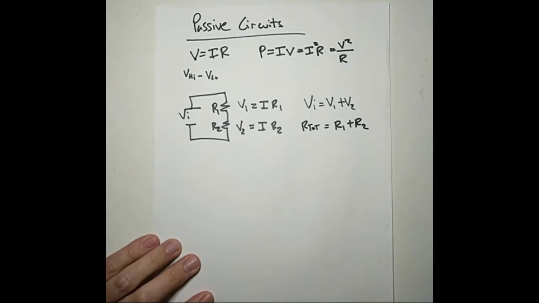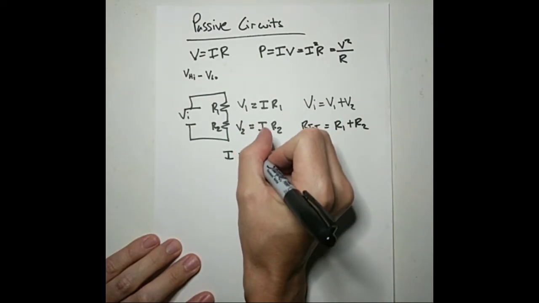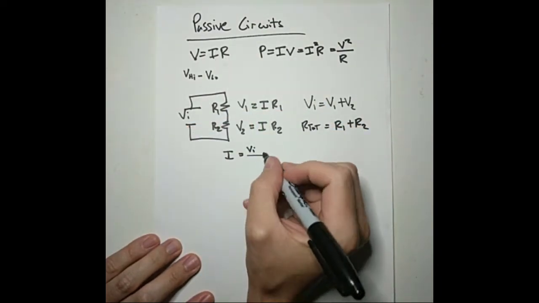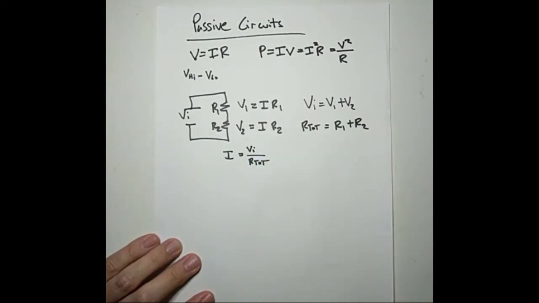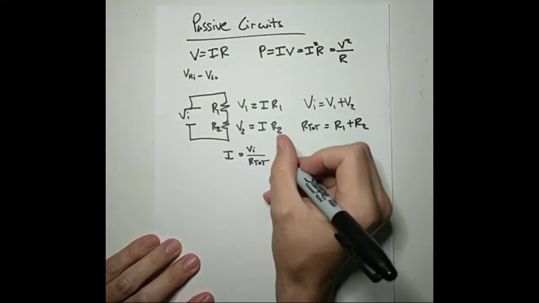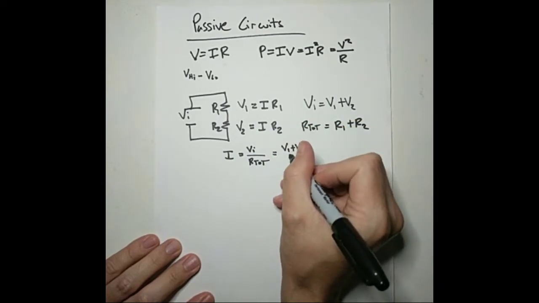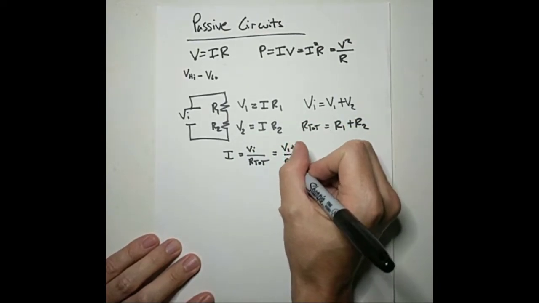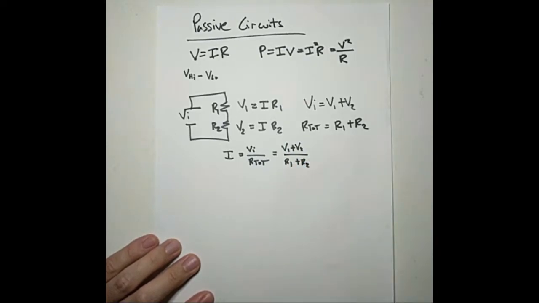So if we want to find the current, we can rewrite our Ohm's law equation to be VI over the total resistance. And if we want to write these in terms of our individual elements, we can say that's V1 plus V2 over R1 plus R2.